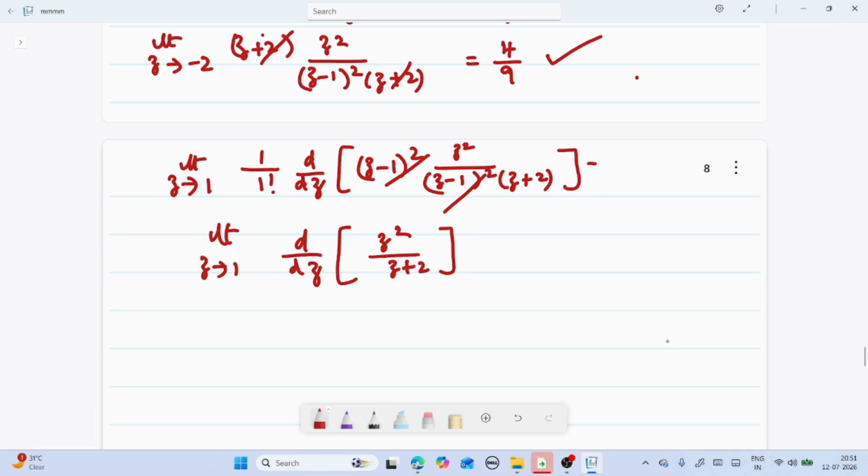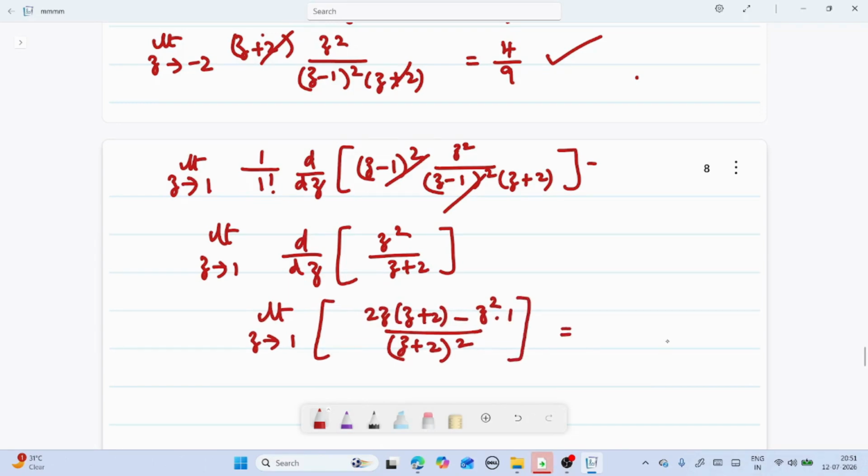So I want you to differentiate and then you will just check the answer with this. I have used the quotient rule. Check this once and then apply the limit z tending to 1. So here the answer is 5 by 9.